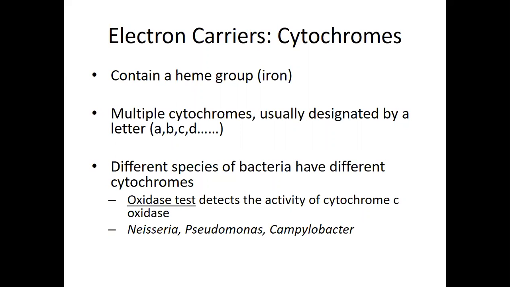Does anyone remember the oxidase test? Dare I ask what color it turned? Okay, good. Purple, blue. Okay, you can take that. You're like, orange. Right, good. So cytochrome C oxidase, you had your little cassette, you were rubbing the bacteria on it, and it was detecting the presence of that enzyme, meaning that bacteria had cytochrome C oxidase. And so that's kind of nice because it tells you a couple things.